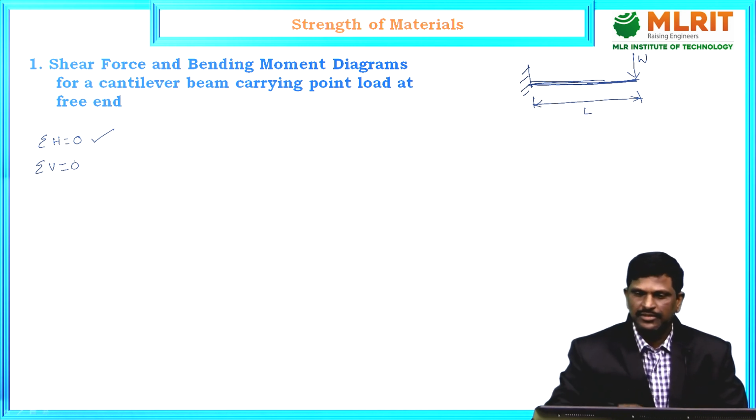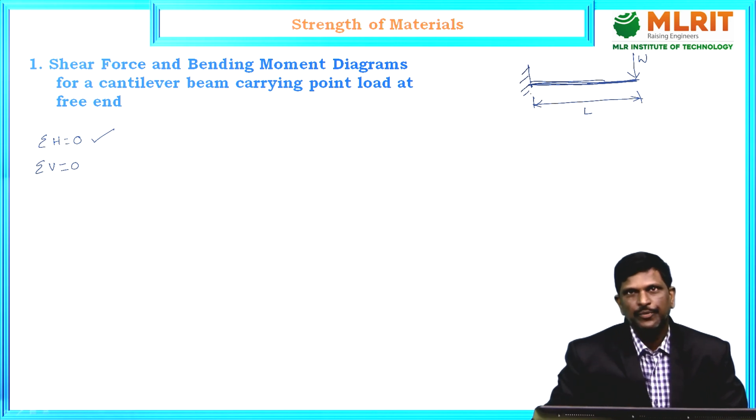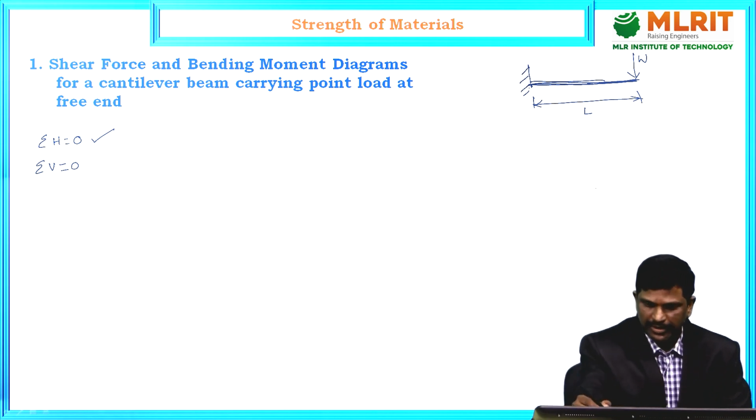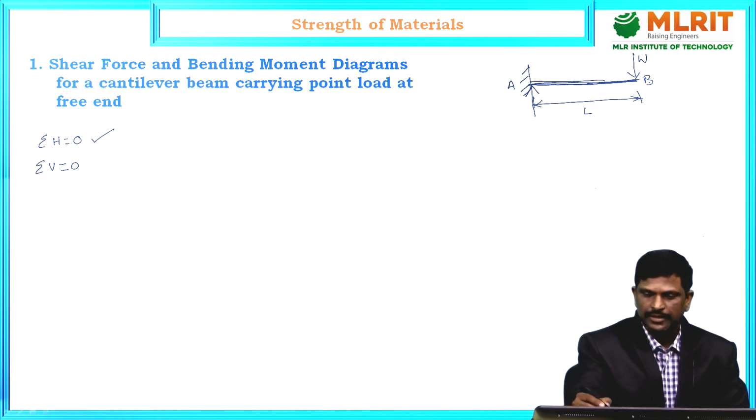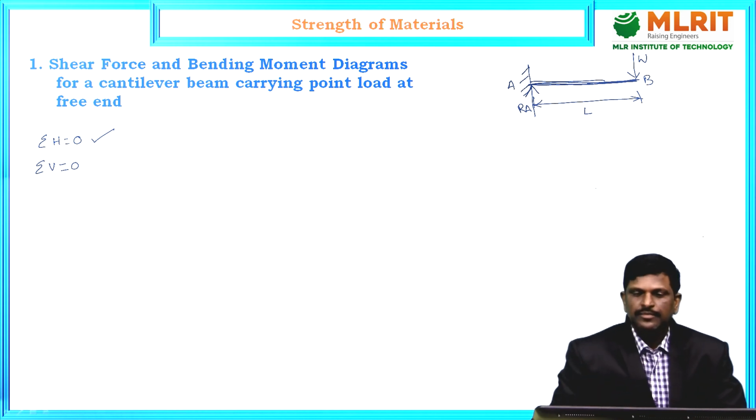Here in this case, the beam is carrying a point load W at its free end and there induces a reaction at fixed end A, that is RA, in upward direction. Now the beam is carrying two vertical loads.